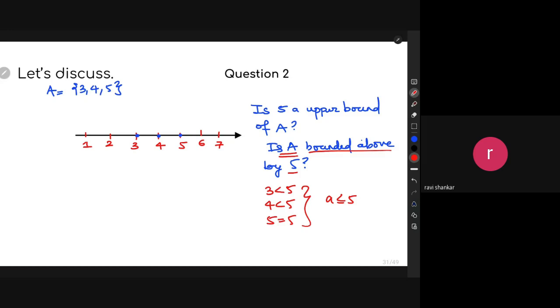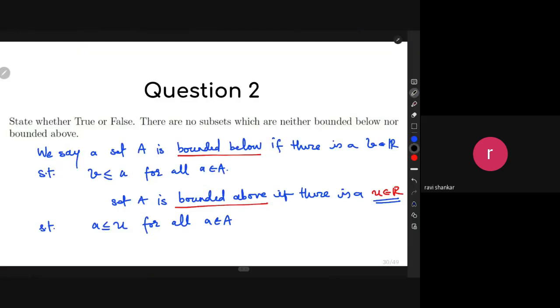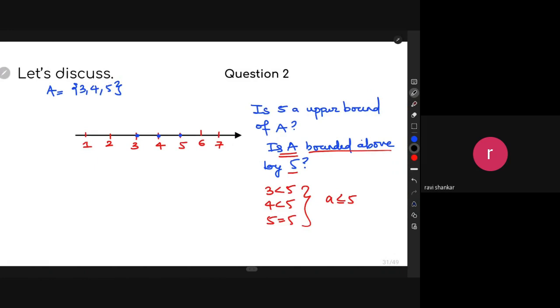Now if I go back to the definition, we say a set is bounded below by some element, and this element is called the lower bound of A. Similarly, this element is called the upper bound of A. So 5 is an upper bound of this set A. Similarly, I can ask a similar question: is 3 a lower bound of A?